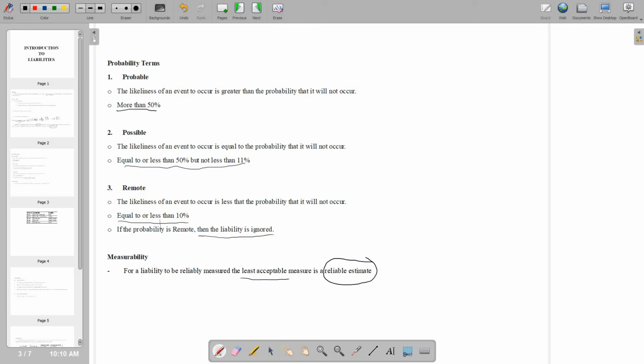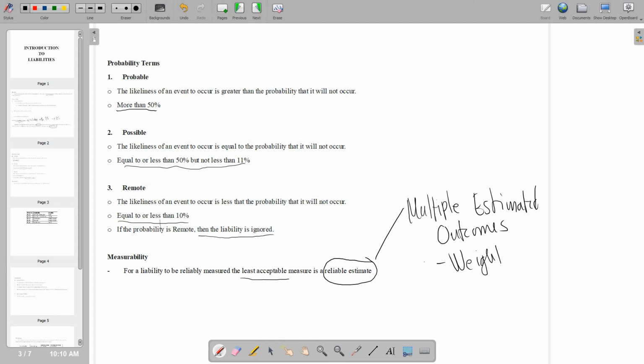But if there are multiple estimated outcomes, and all of them are possible or probable, then you have to weigh them. So we call that weighted average.